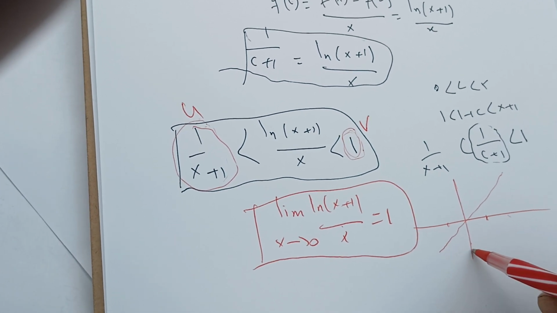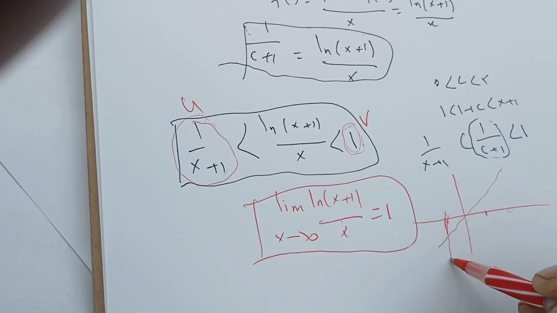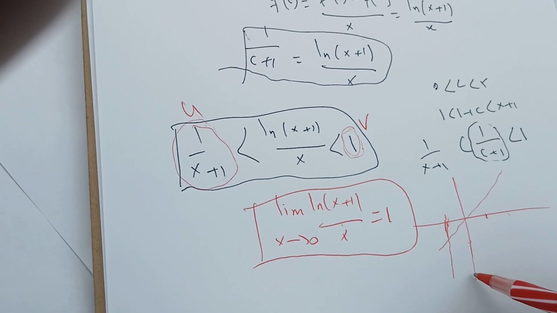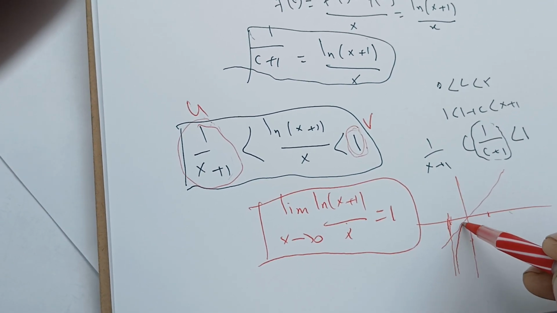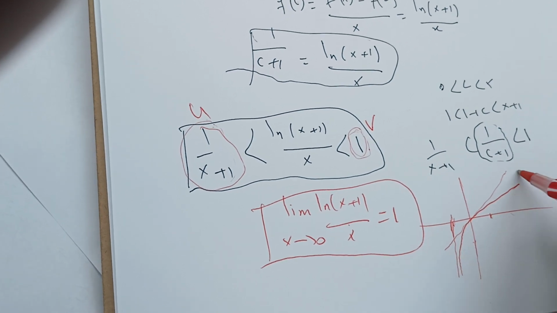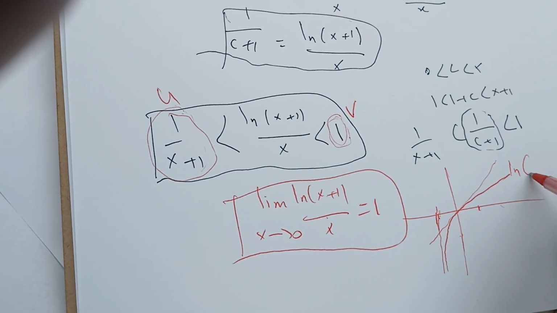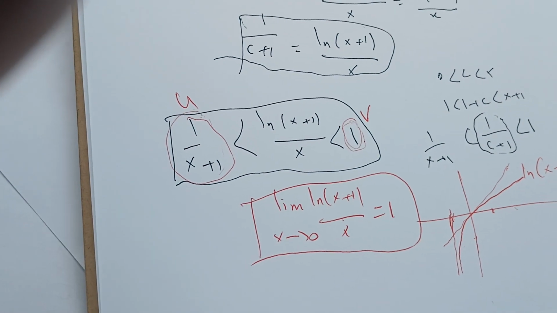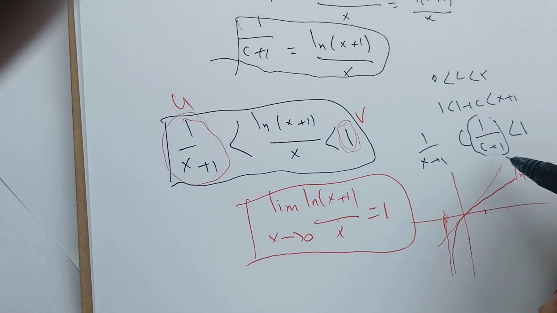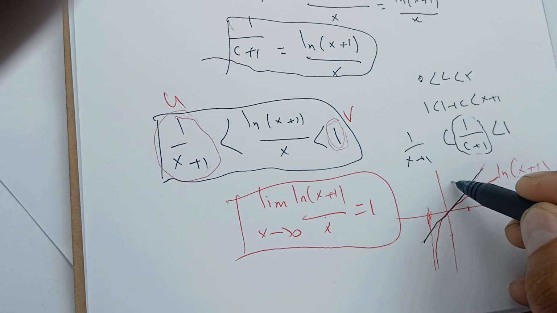Here, this is minus 1, so let me graph it nicely. So this is ln(x+1), and let me write this one in another color, and you need to notice here that this is y equals x.